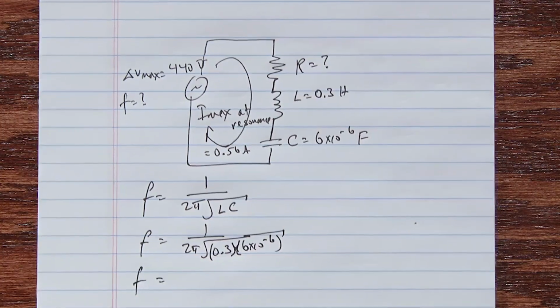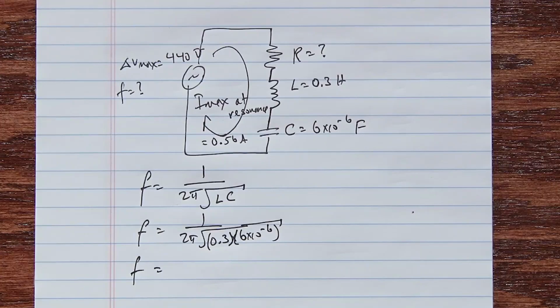So the resonant frequency is 1 divided by 2 times pi times the square root of 0.3 times 6 times 10 to the minus 6.